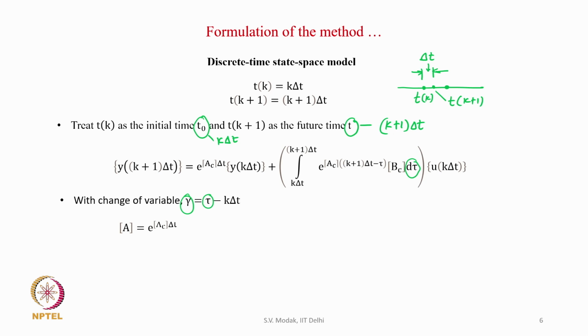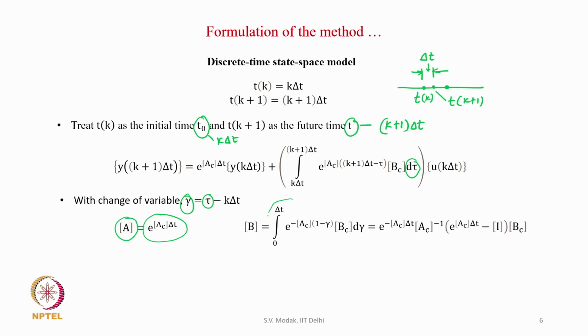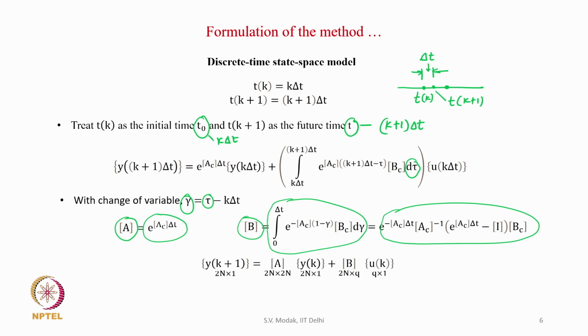We represent the term e to the power A c delta t by matrix A, and we represent this complete integral, which simplifies to this term, by matrix B. When these changes are incorporated, we get this equation.